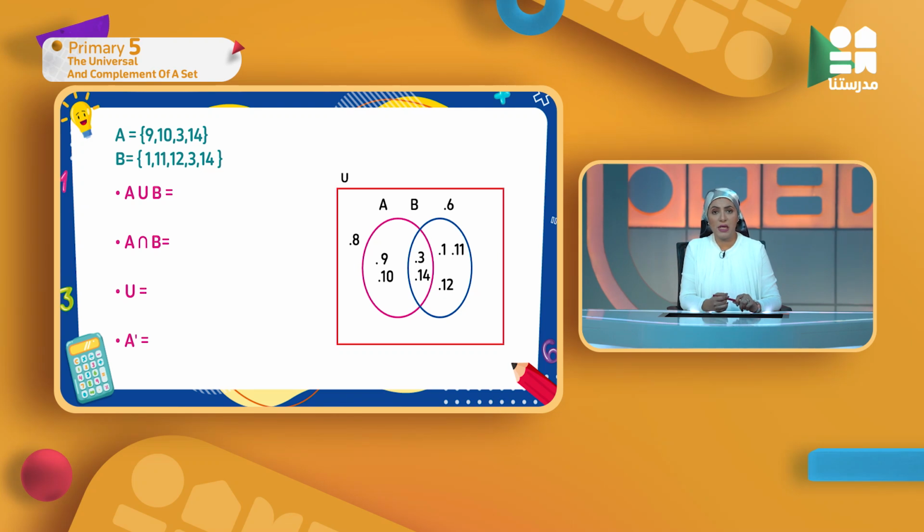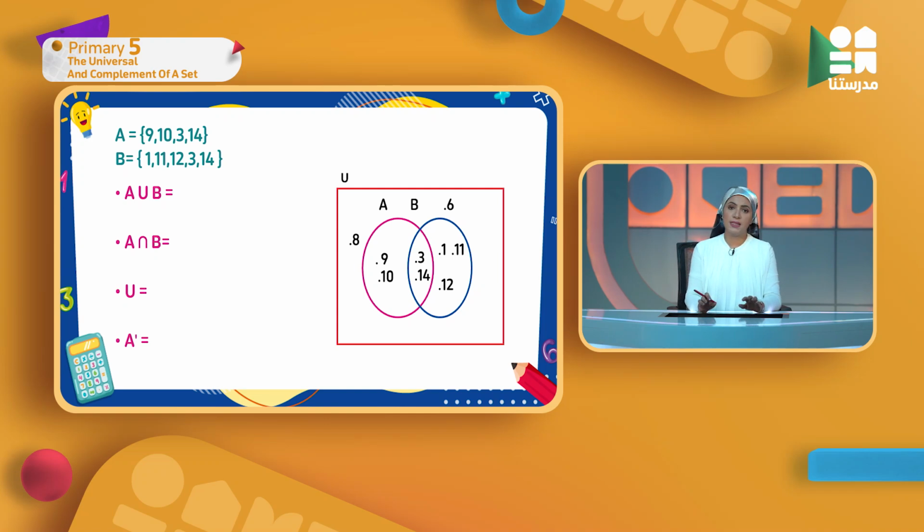And the set B is the set of elements 1, 11, 12 and 3 and 14 as well. So here I want to know, and I have by the way 6 and 8 they are flying outside the two sets A and B.